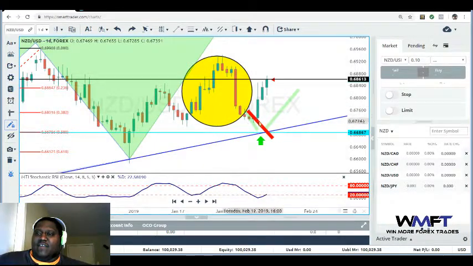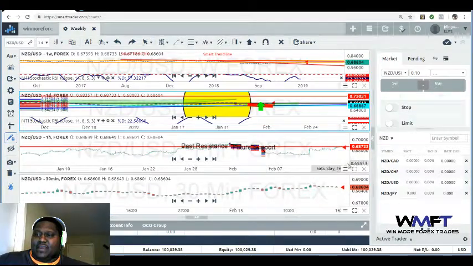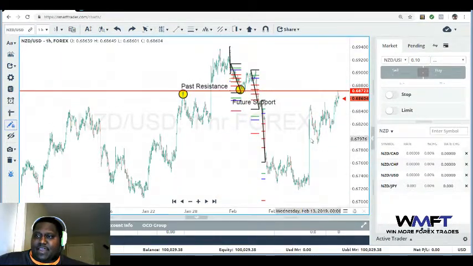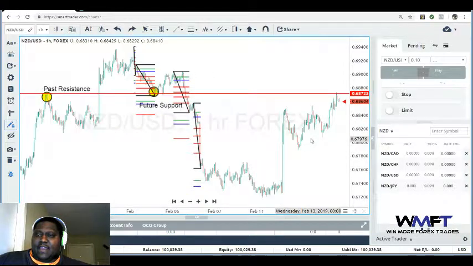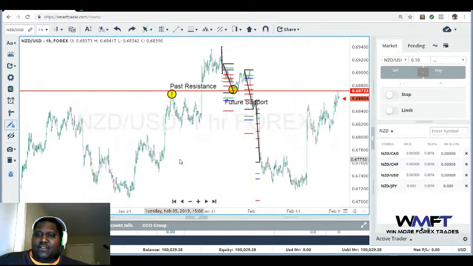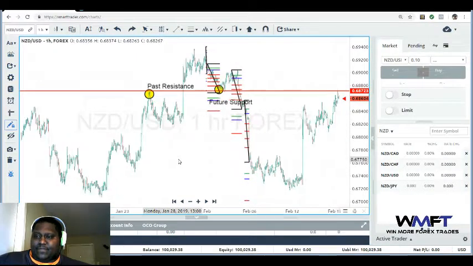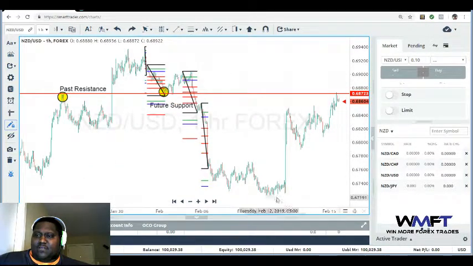So we do have a counter trend line break, but you still want to find that low price, and then start buying the market again. As you can see, in the earlier analysis, we had past resistance become a future support, but the market continued to fall due to the market news, and they found support down here, and then the market started to reverse back up.